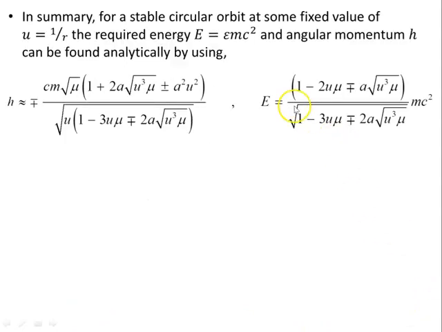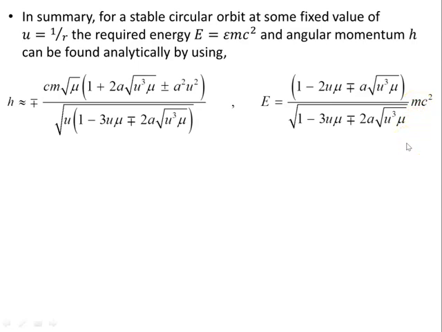So in summary, for a stable circular orbit at some fixed value of u equals 1 on r, the required energy E is equal to epsilon times mc squared, and angular momentum h can be found analytically by using h is approximately minus plus this, and the energy E is the epsilon parameter times mass times c squared, the mass of the laboratory particle.